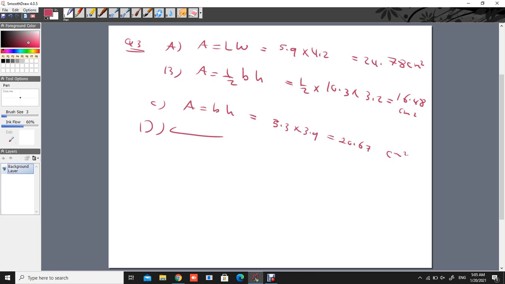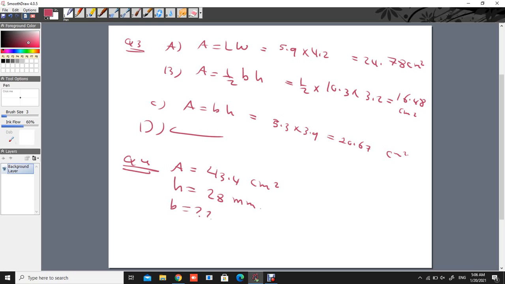Now for question 4, a parallelogram has an area of 43.4 centimeter squared. Now it has a perpendicular height. So here the height is 28 millimeter. What is the base?